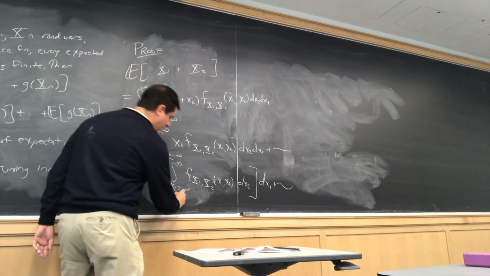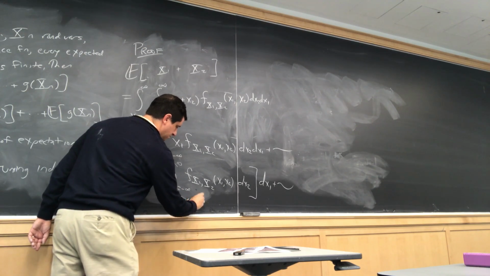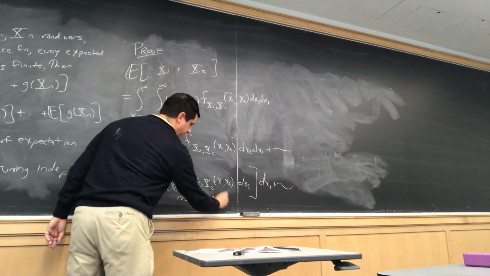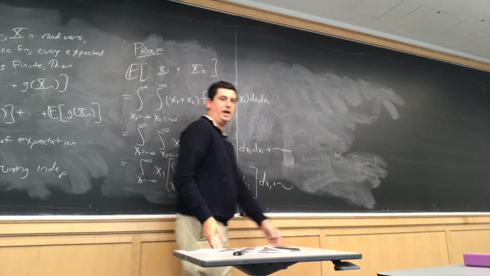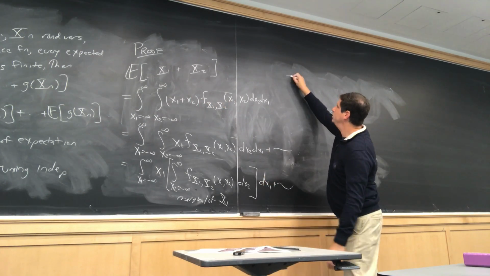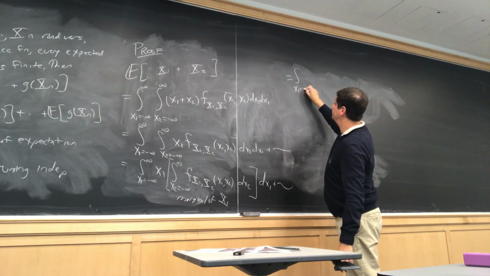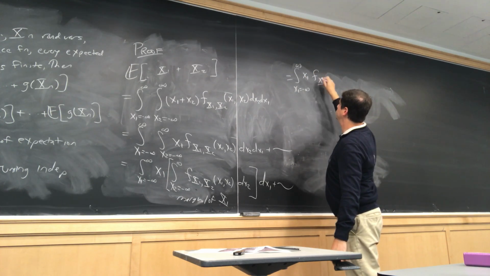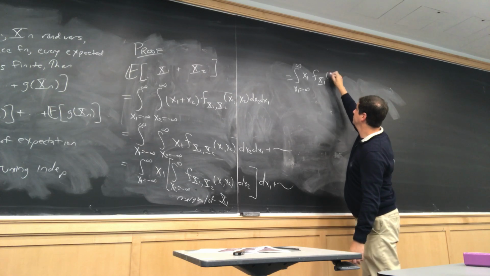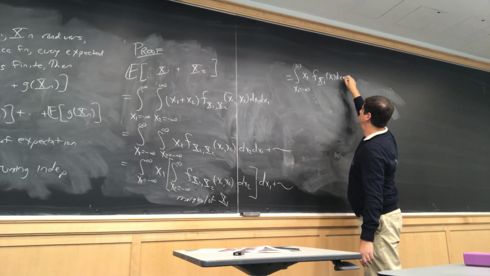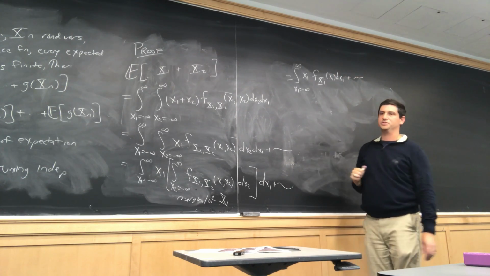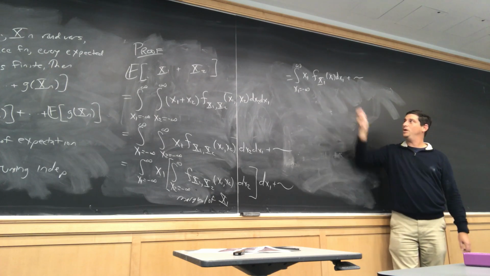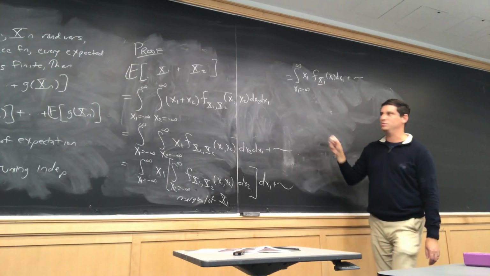This is just going to be the marginal of x1. And so just continuing, it's going to equal the integral, x1 from minus infinity to infinity, of x1 times the density of x1, dx1, plus a similar piece. And now what is that integral? That's just the expected value of x1.